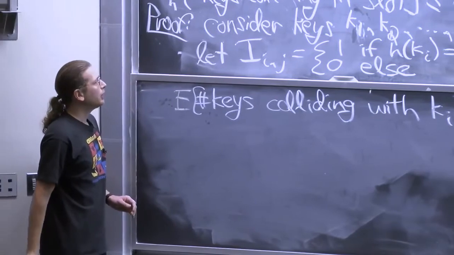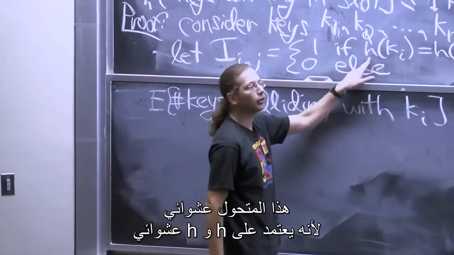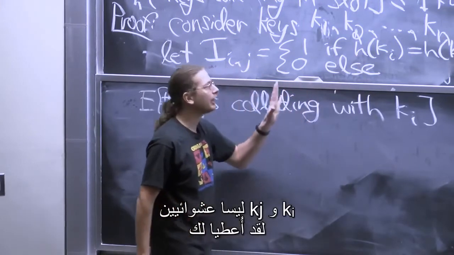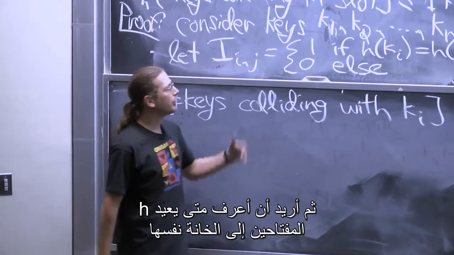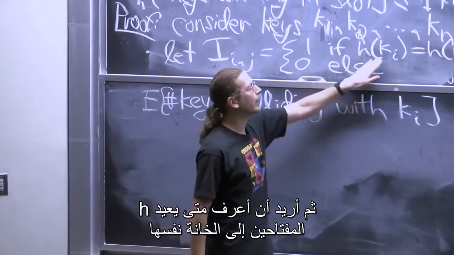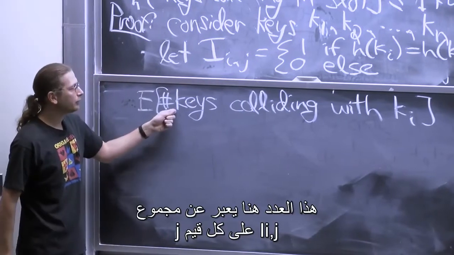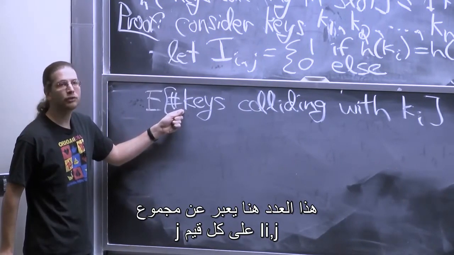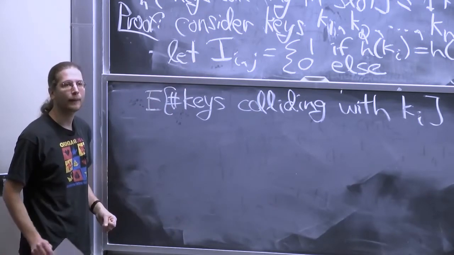Okay? Now it's a random variable because it depends on h, and h is a random thing. Ki and Kj are not random. They're given to you. And then I want to know when does h map those two keys to the same slot.